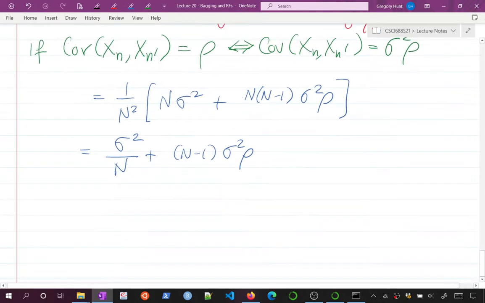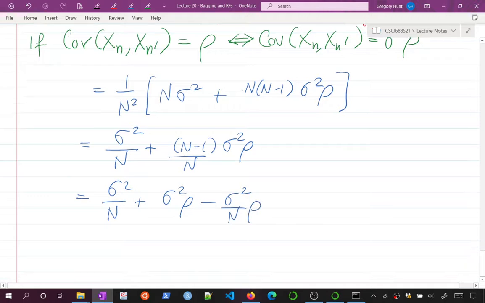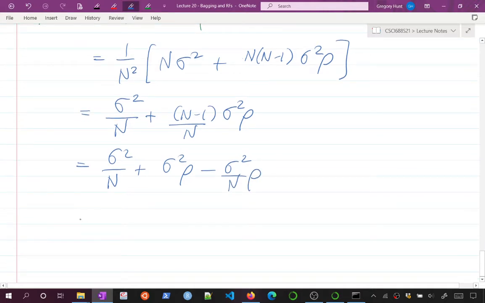I suppose another way you could write this is you could distribute that n minus 1 through. Oops, I'm sorry, this should be n minus 1 over n, right? There we go. How could I distribute that through? Well, this would be sigma squared over n plus sigma squared rho minus sigma squared over n rho, which gives me what?